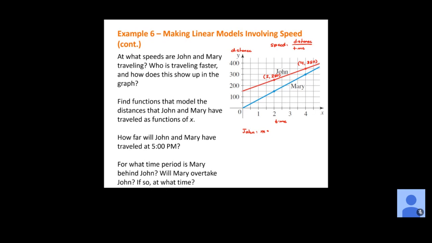So I'm going to use those points. It's going to be y2, 350, minus y1, 250, over x2 minus x1, 4 minus 2. If we simplify that, that gives us 100 over 2, or 50.